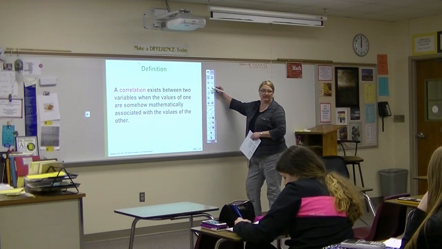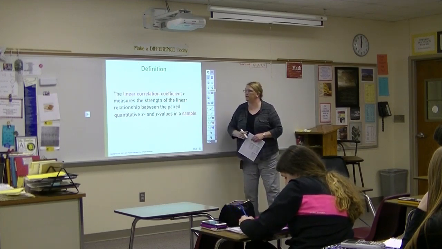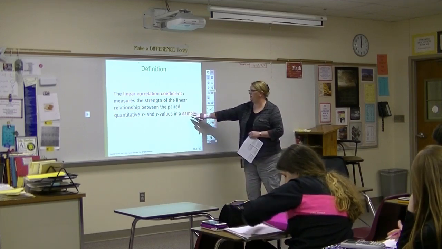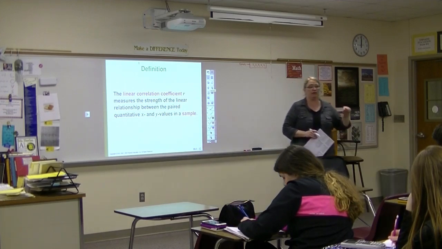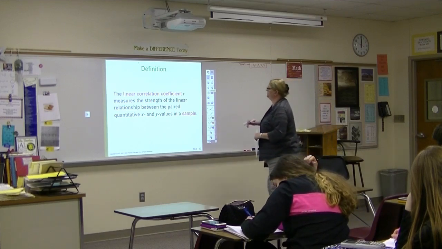Do not say affected. They are just associated with the values of the other. The linear correlation coefficient R is going to be a number from the sample. Please be aware it is only from those numbers you type into your calculator. It's not for the whole population.